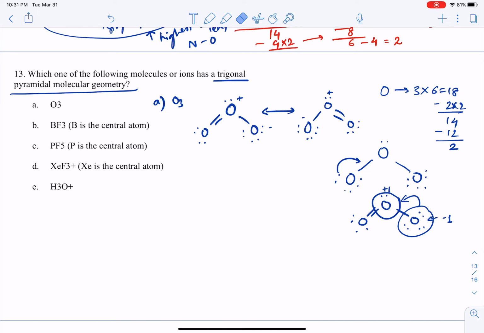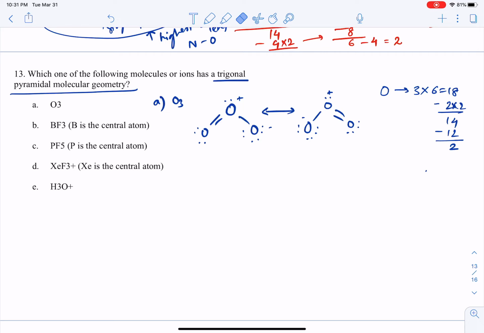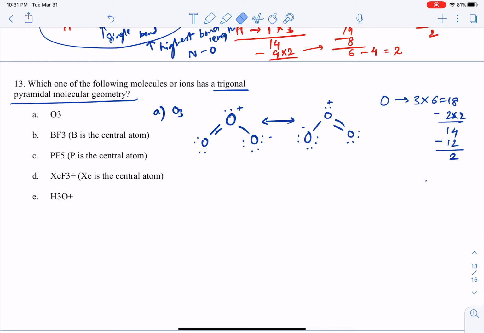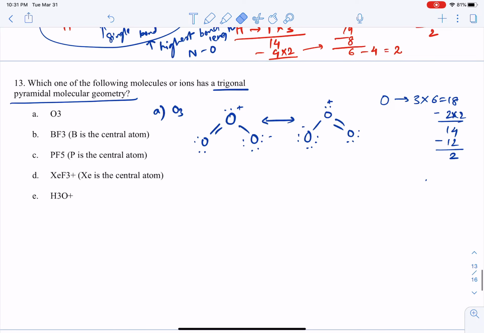Now I'll rub it. So this is the structure. If you see this structure, is it trigonal pyramidal? No, this is something like this, right?